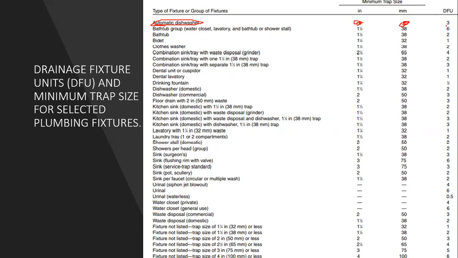Ang naalan siya kay drainage fixture units. So 3. Ang bathtub group, water closet, lavatory, and bathtub or shower stall, minimum trap niya is 1 1/2 and kung sa millimeter is 38, yung drainage fixture units kay 6.